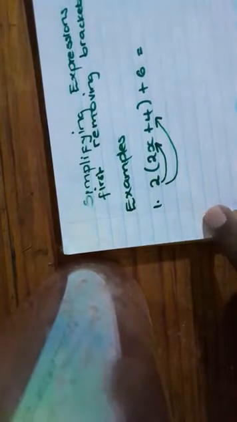What we're going to do here, we should know that what is outside the bracket has the power to multiply each and every term that is found inside the brackets. So it means we are going to have 2 times 2x, we put back the plus sign, plus, again we go back to 2, we multiply that 2 by a 4.